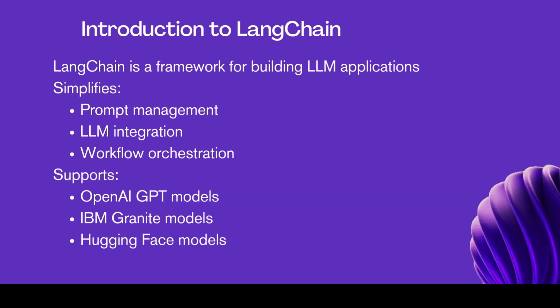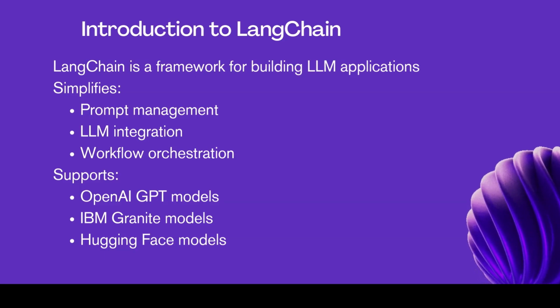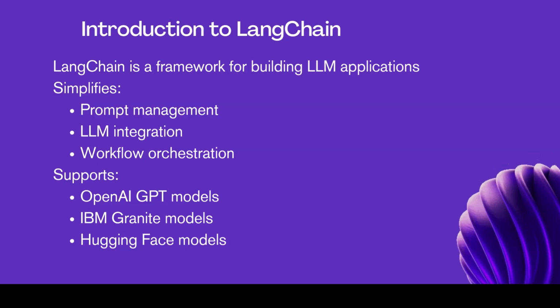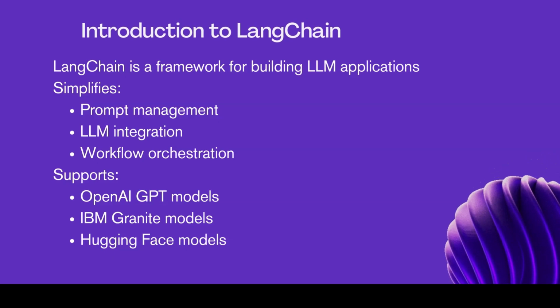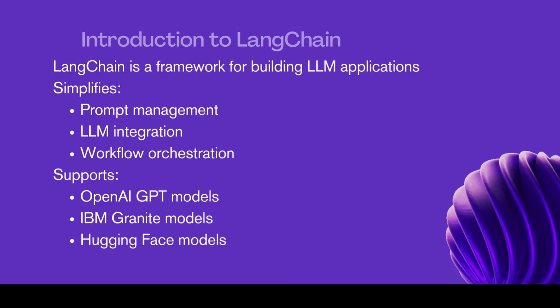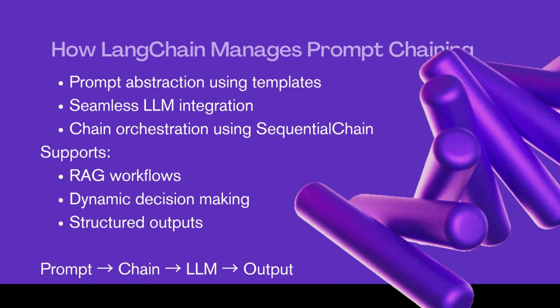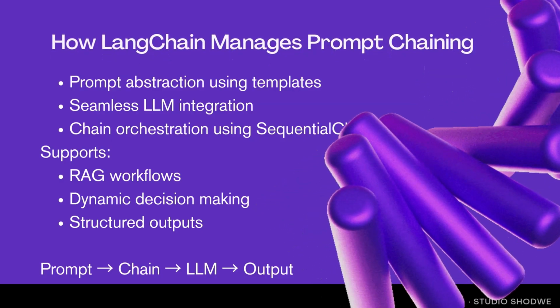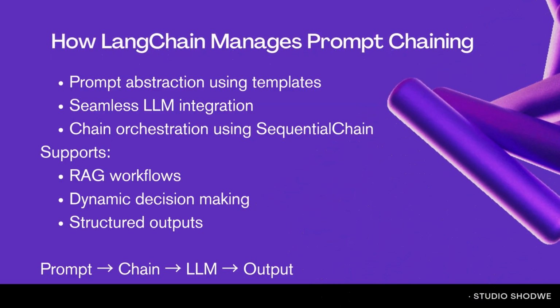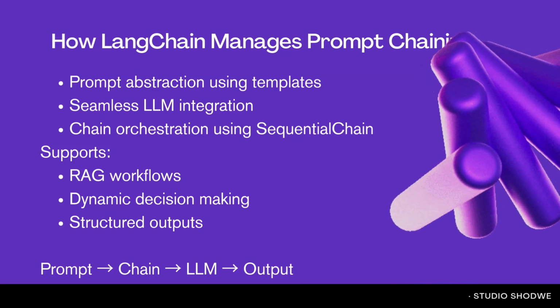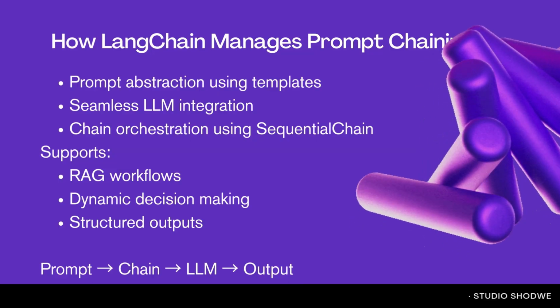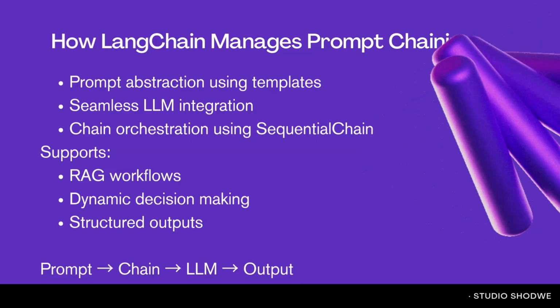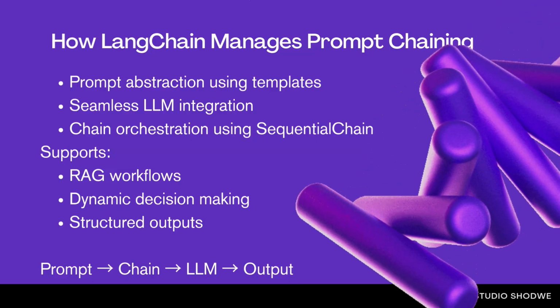It provides tools to manage large language models like IBM Granite models or OpenAI GPT models, define reusable and structured prompts, and connect those prompts into reusable chains. By abstracting away the complexity of prompt orchestration, LangChain allows developers to focus on problem solving instead of plumbing.